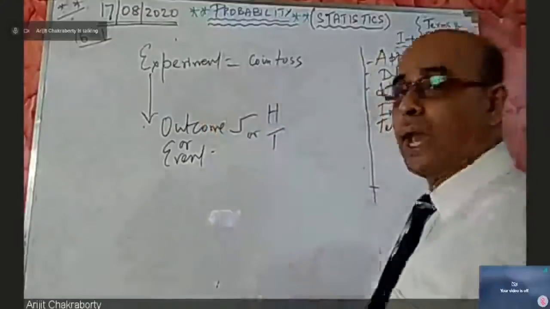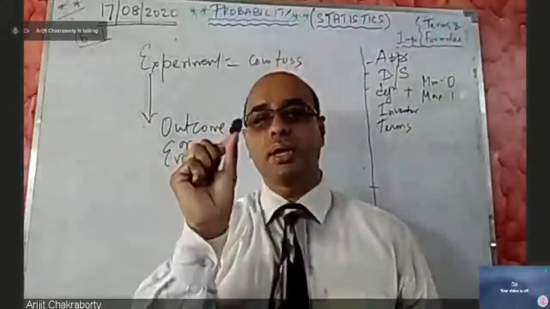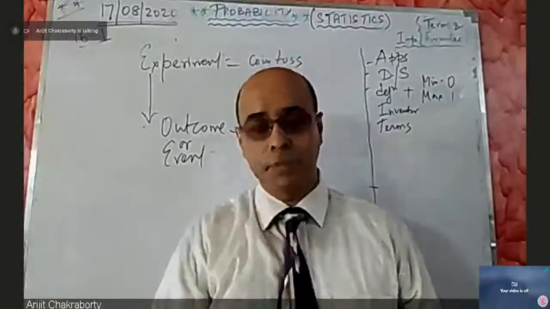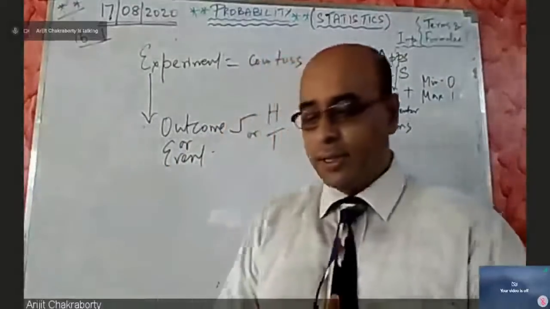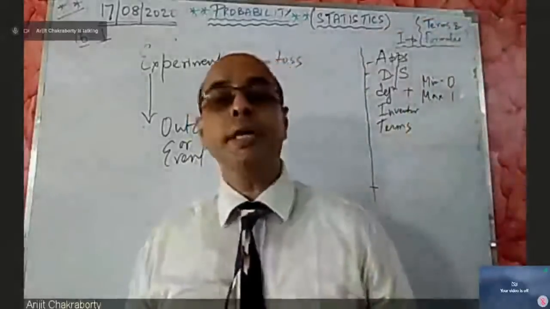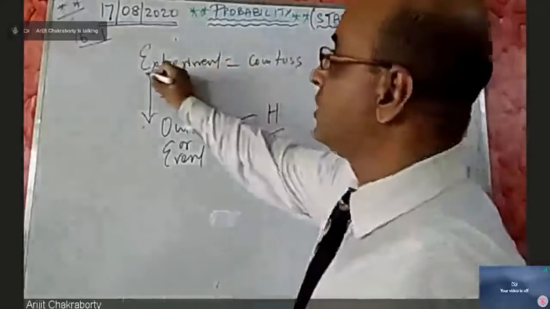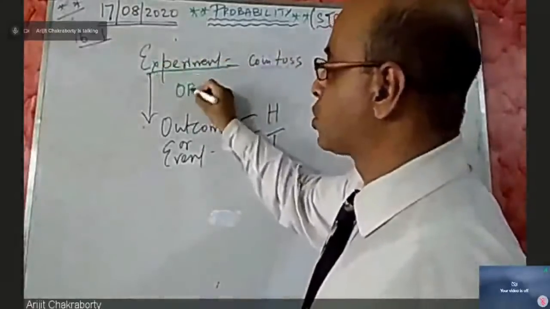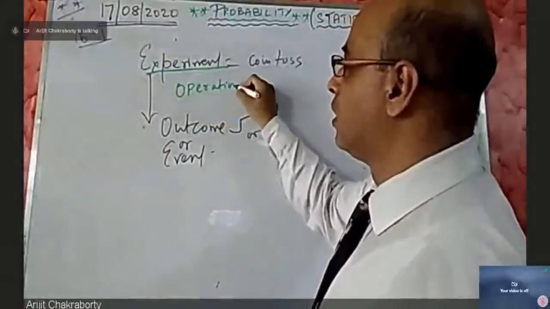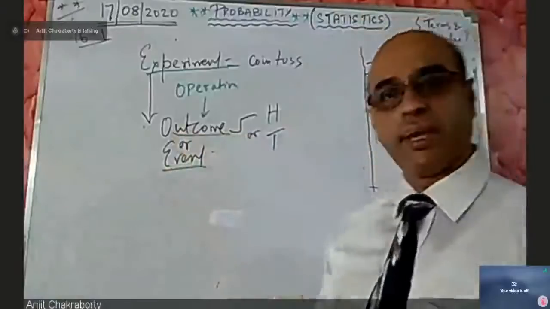So this experiment has 2 outcomes. Now I can say that experiment is an operation which gives an outcome, or it gives an event, outcome or event.